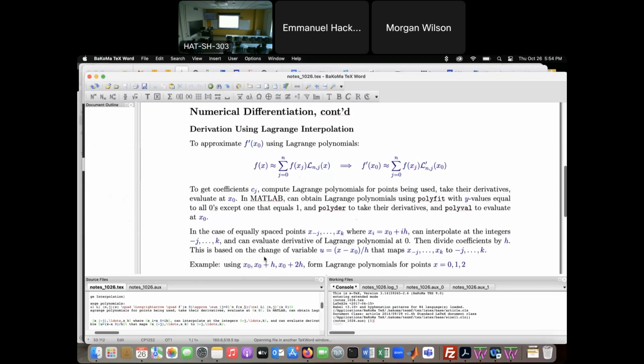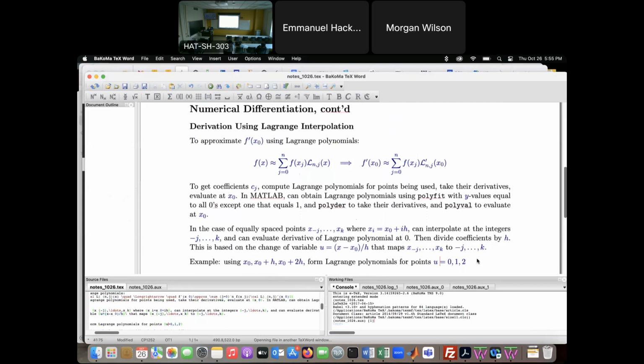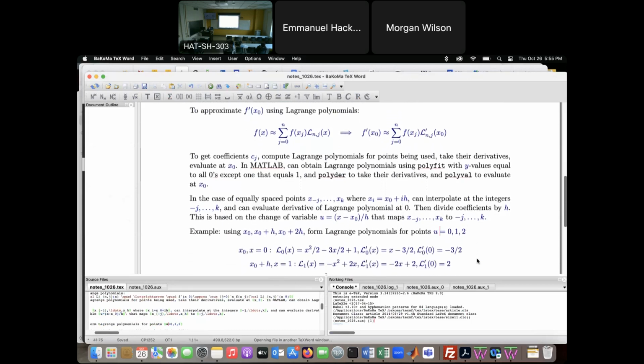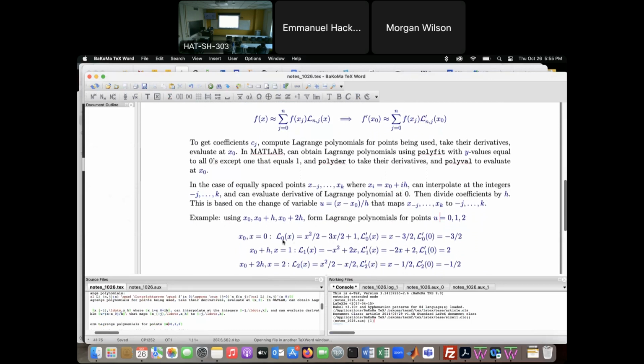If you consider the spacings, x naught plus h, x naught plus 2h, my multiples of h are 0, 1, and 2. So actually, I'm going to call these interpolation points u equals 0, 1, 2 because we're changing to that space. All right, I should have used u here, so I'm going to change it.